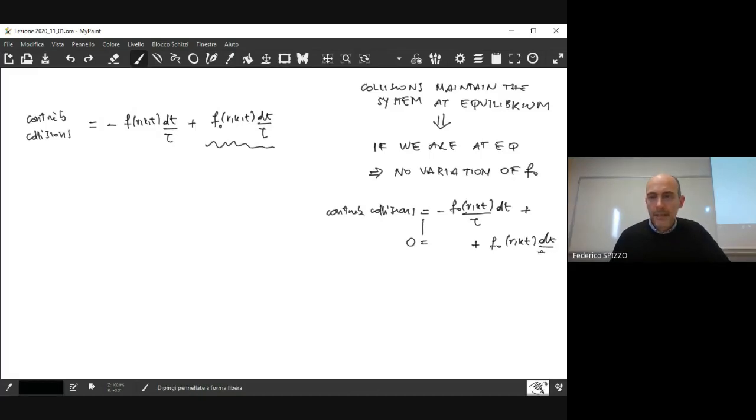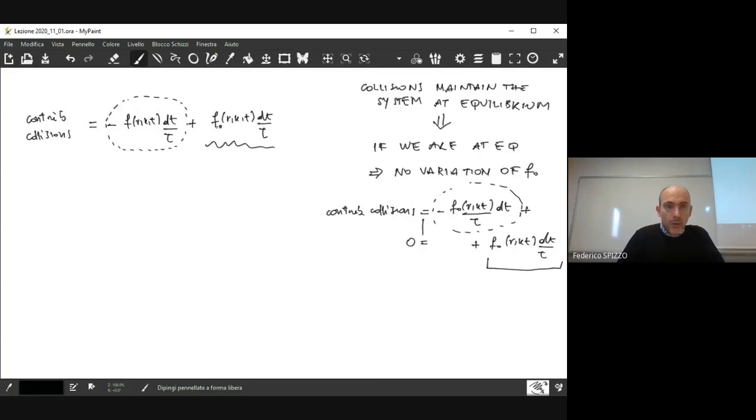So the idea is, if at the equilibrium the distribution function may not change, then here we have a term that is similar to this one here. So we use the actual distribution function with a minus sign in front times dt divided by relaxation time. And in the equilibrium case, we have to add exactly the same thing to keep things at the equilibrium.